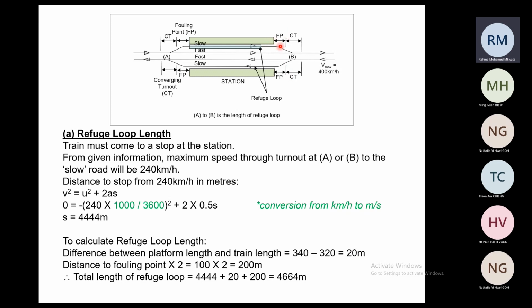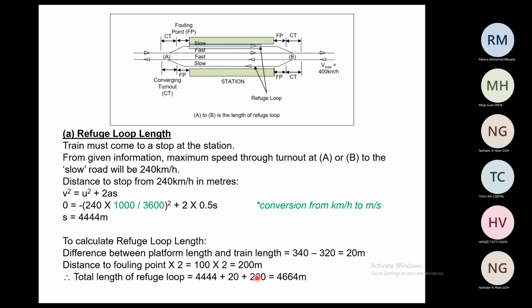Again, you have to add the fouling point distance, 200 meters on both sides. So the total length is your total distance covered to stop, plus the difference between platform and train, plus the two fouling point distances.